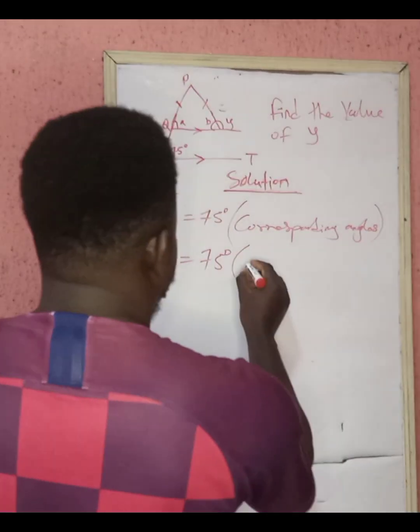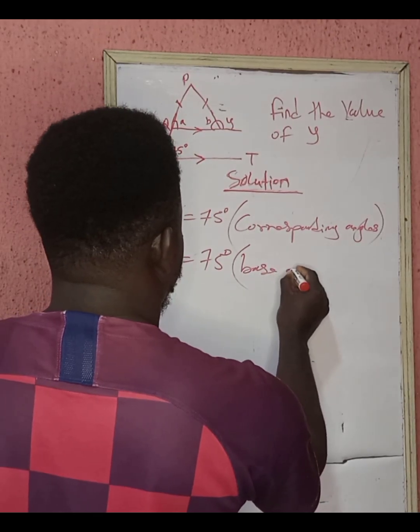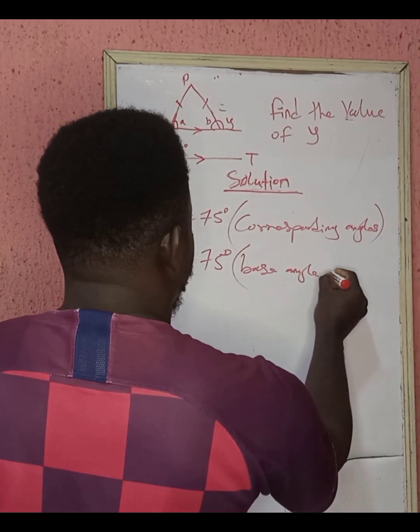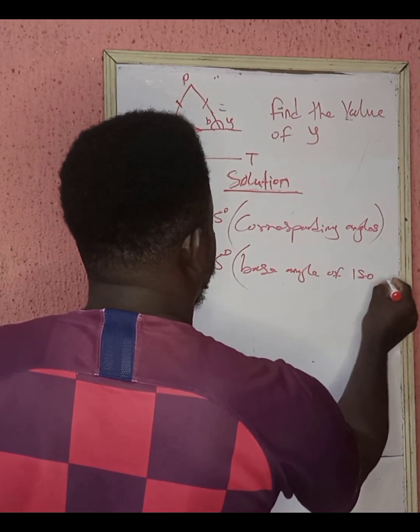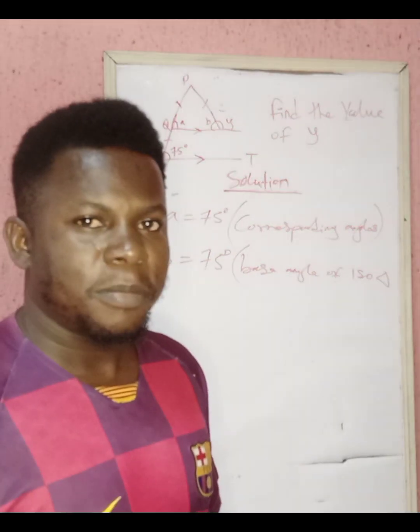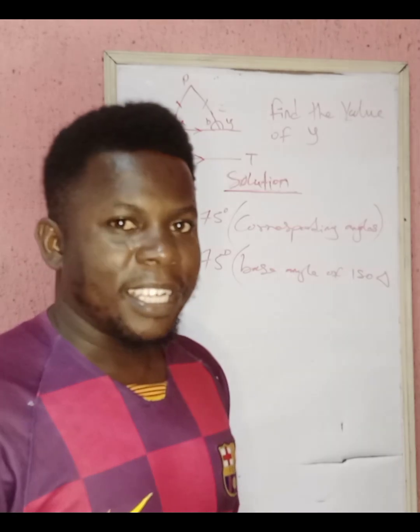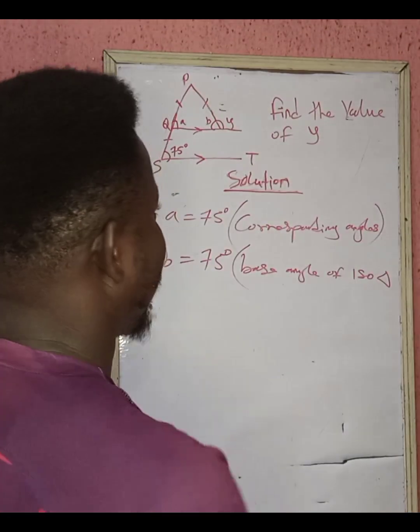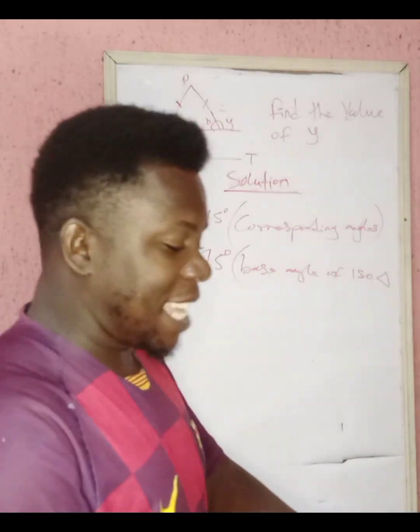Reason being that it is a base angle of an isosceles triangle. Now, since we've gotten our A and we've gotten our B, have you seen that getting our y now is very simple?